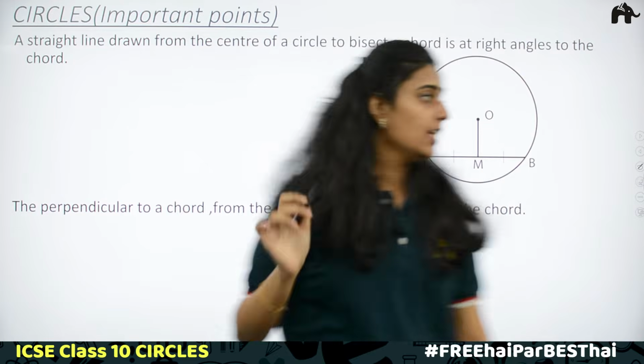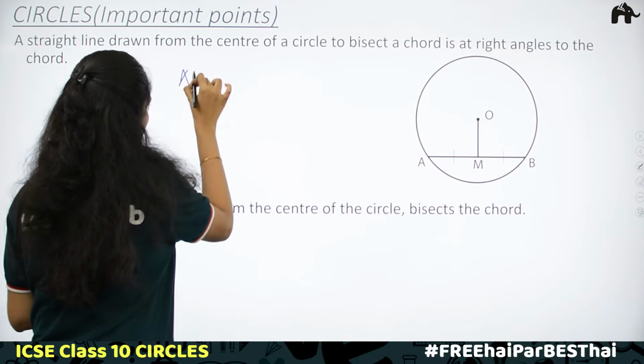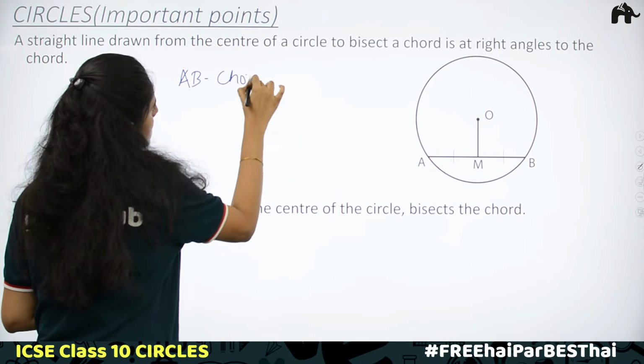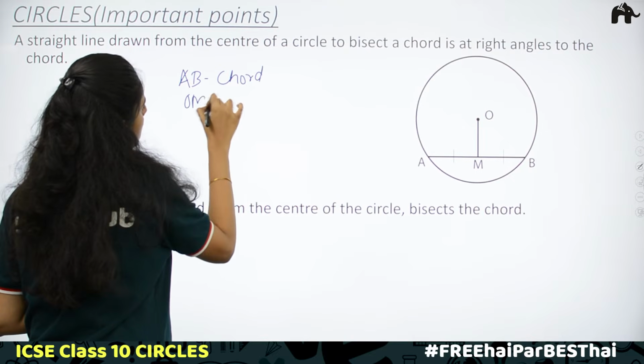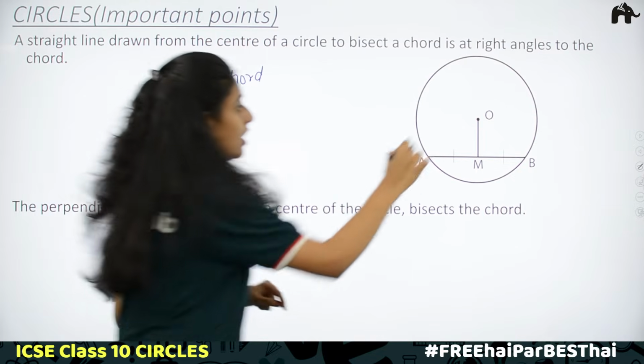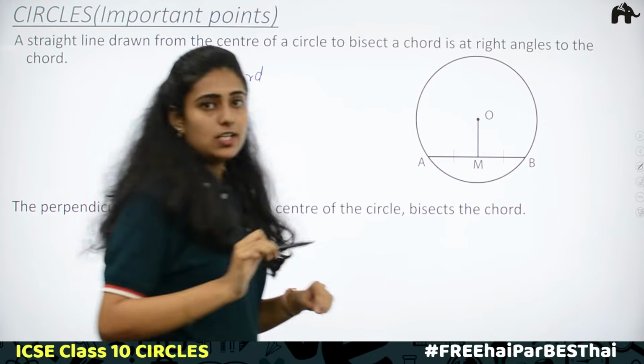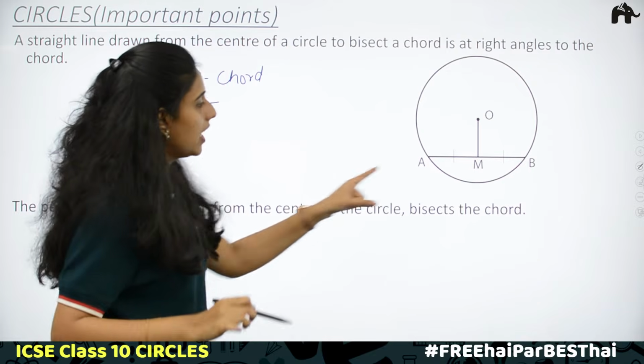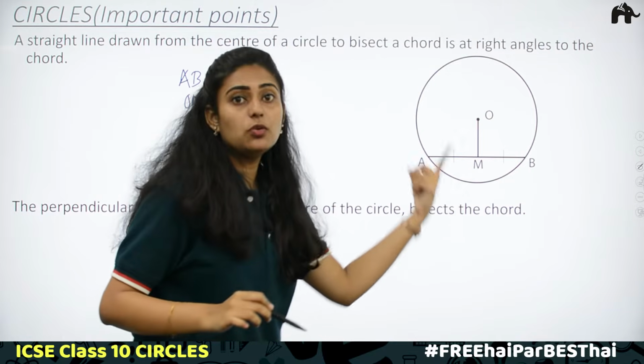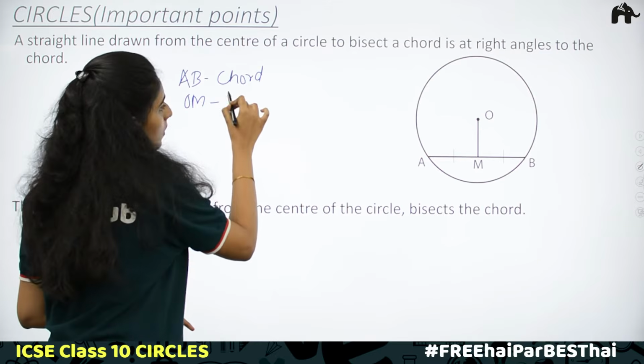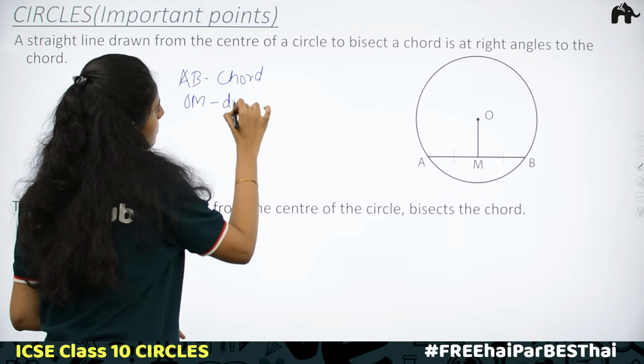Here, in this case, AB is a chord and OM is a line that is drawn to bisect AB.